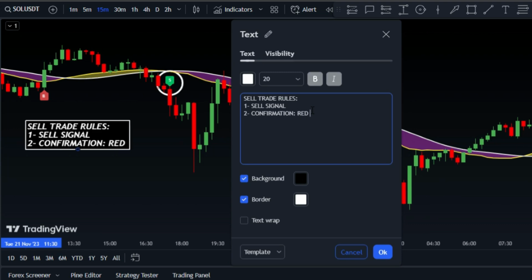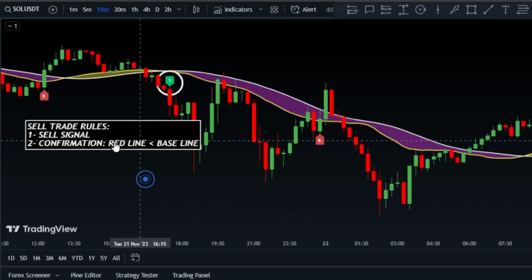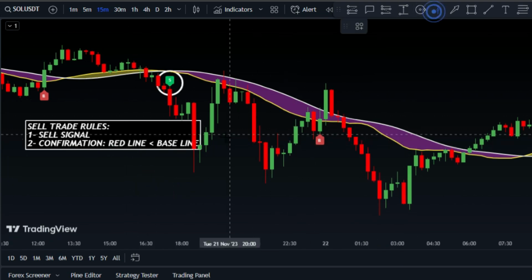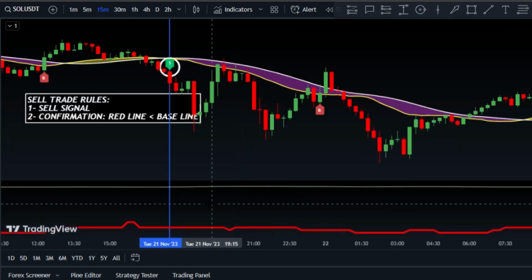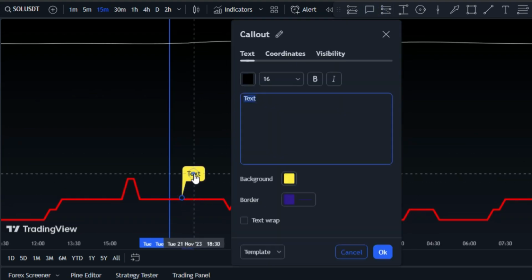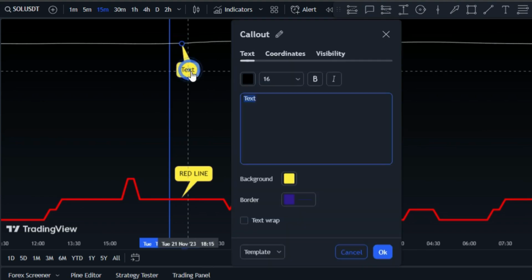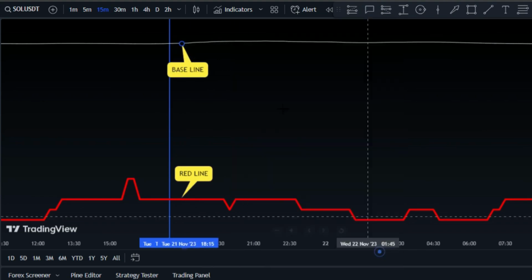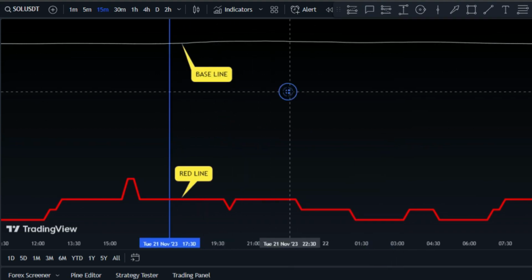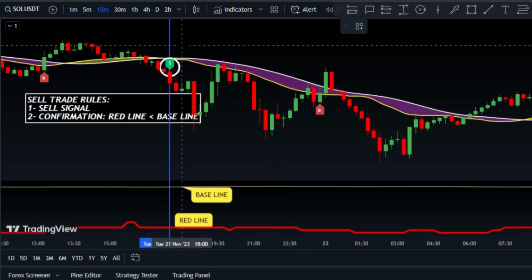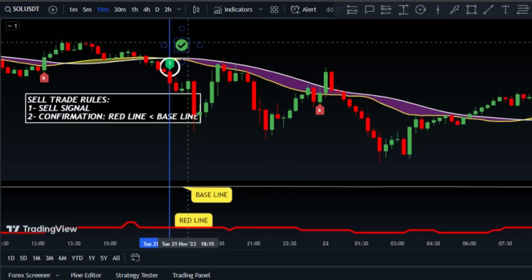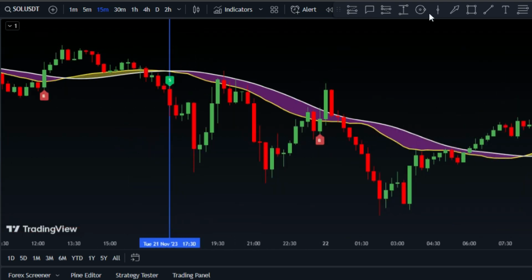We need confirmation from our trend strength indicator that the sellers are in control of the market. So if both of these conditions are met, we have ourselves a solid sell signal according to our strategy.